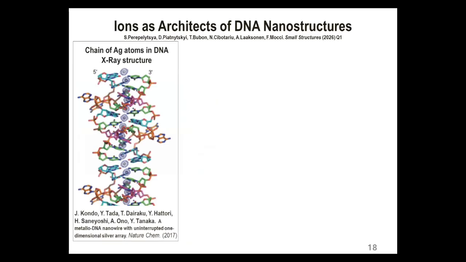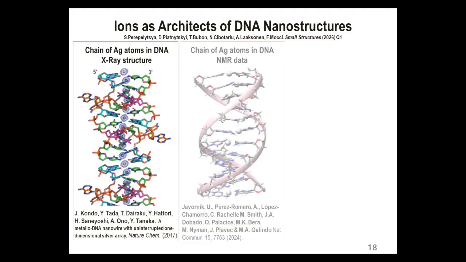So if we put metal ions inside the DNA macromolecule, for instance, argentum, you can see here the experimental X-ray data, and inside the DNA you have argentum ions, and they form such a chain that may be considered as a wire.